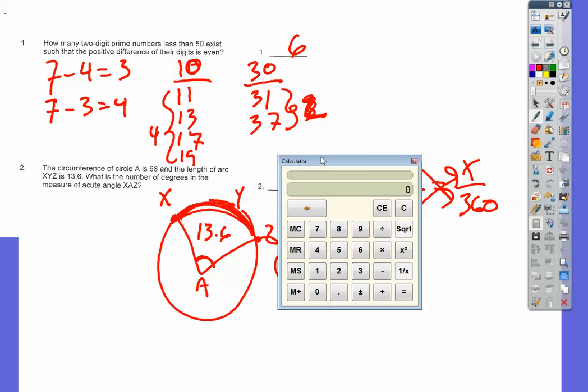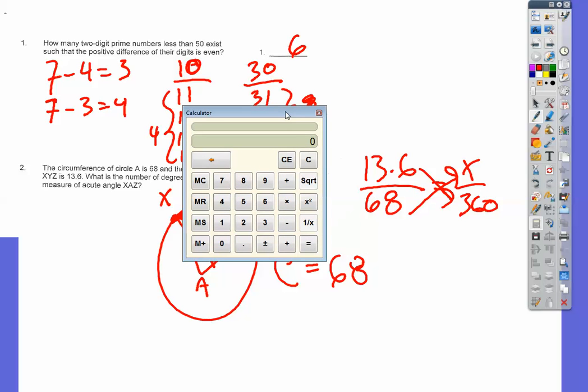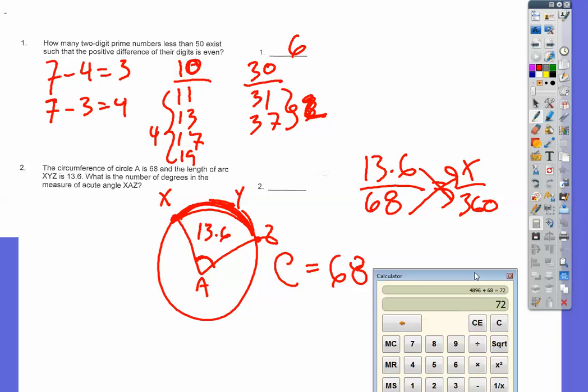So we do 360 times 13.6 divided by 68, and we get 72. So the answer is 72.